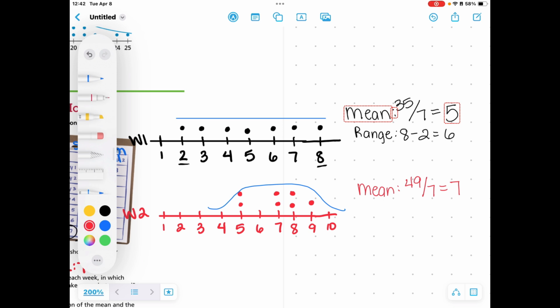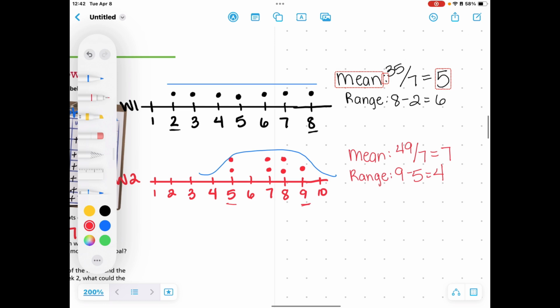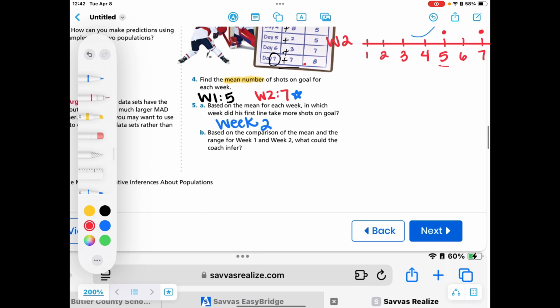We do this exact same thing for our next one. For range, our highest value is going to be that 9. Subtract a 5. Well, that's 4. So we actually have a lower range for week 2 than we do for week 1.